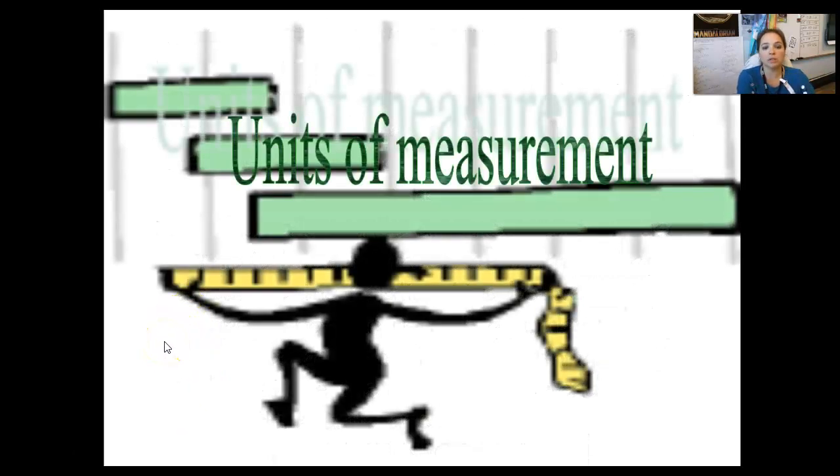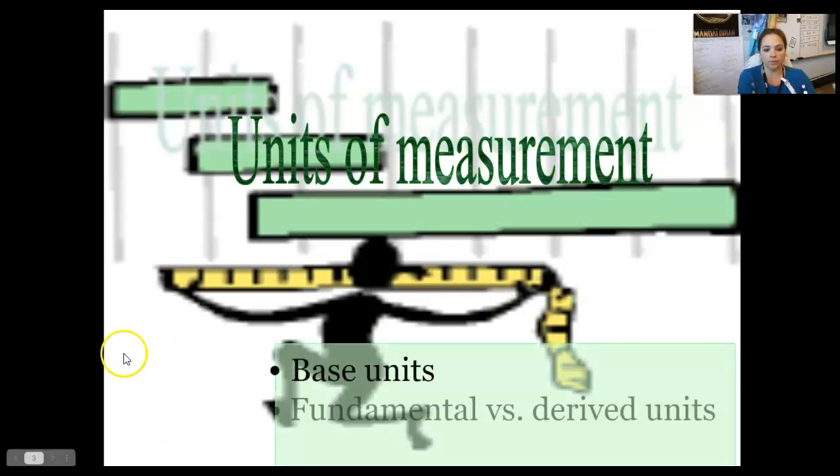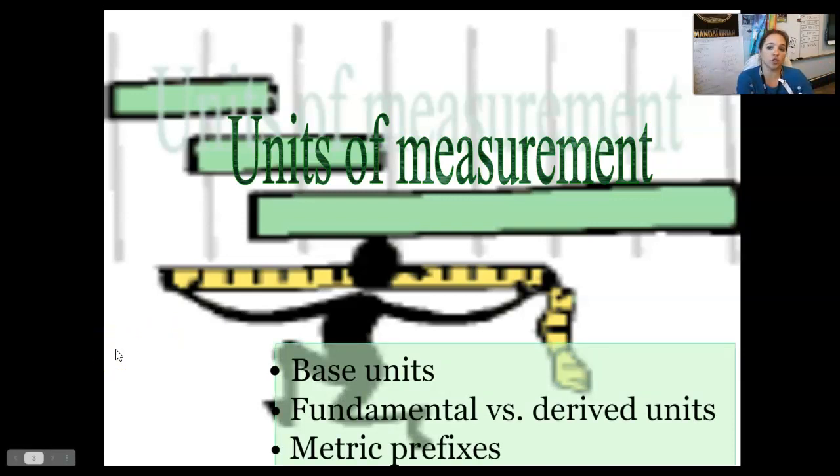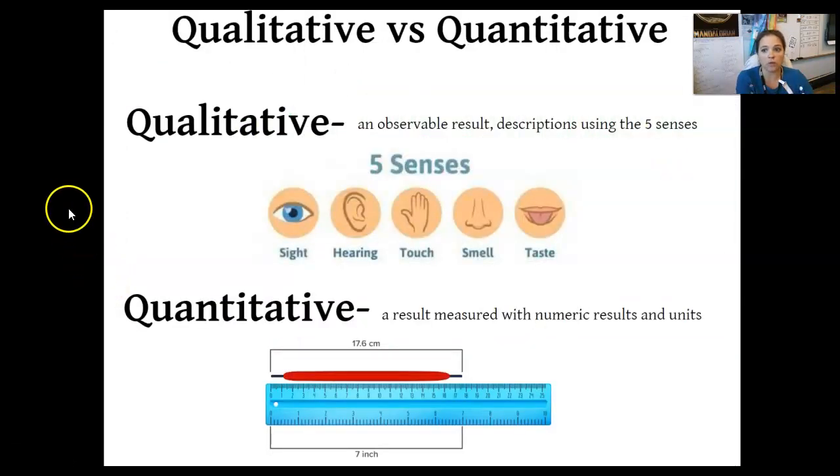Okay? So, units of measurement. We're going to look at the basic units, fundamental versus derived, and metric prefixes. First off, we have qualitative and quantitative, two different vocab words. Very important, something you should write down. Qualitative is your observations.